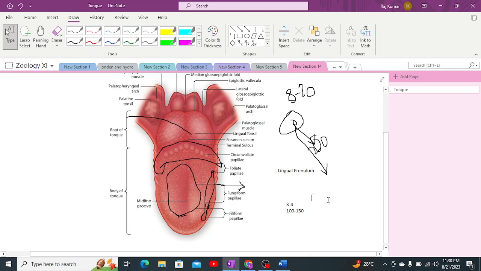They are the only papillae that have no taste buds. Being the smallest in size, they are present in huge numbers.